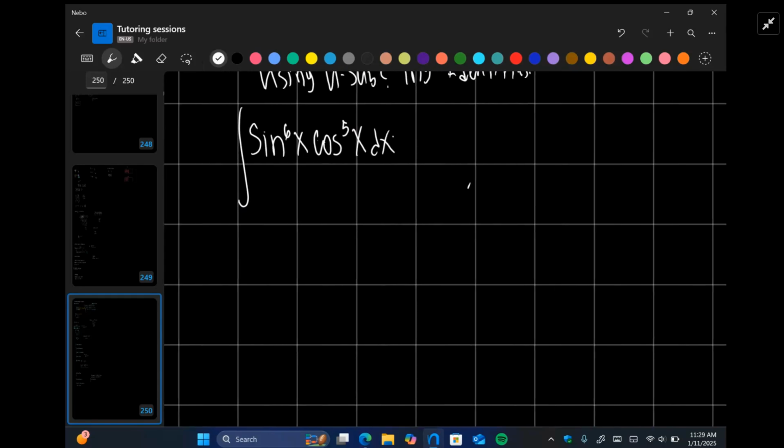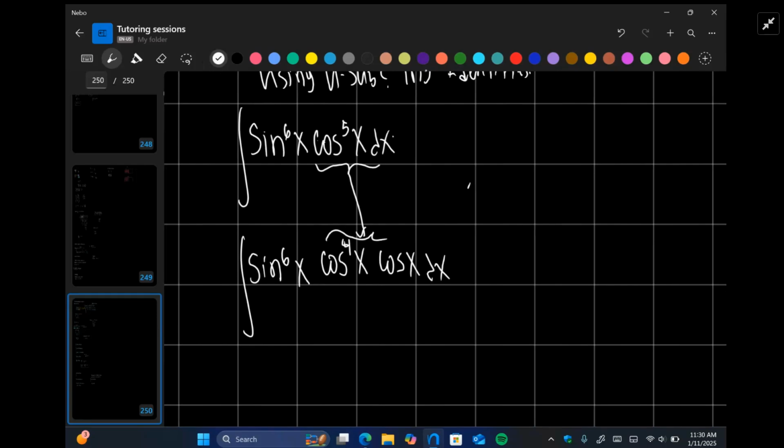If I were to take out a cosine, the sine to the 6x is going to be the same. And then we're going to have cosine to the 4th x because we're stripping out a cosine, and then times cosine x dx. So notice that this part is the same as this stuff, okay?